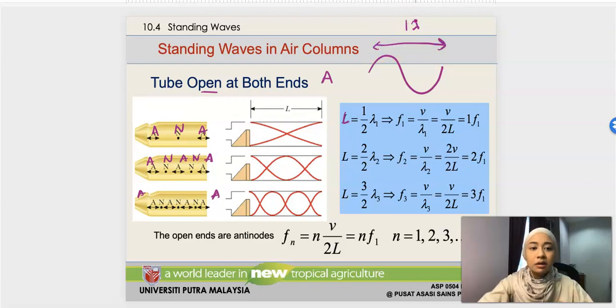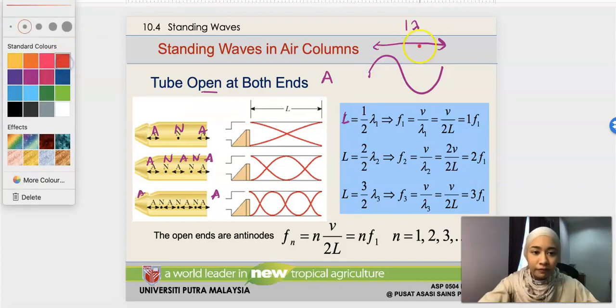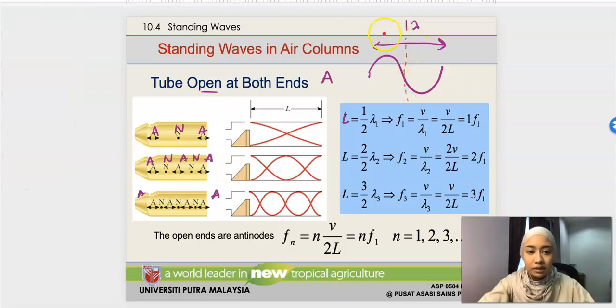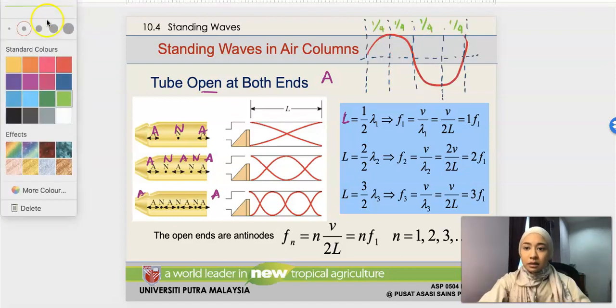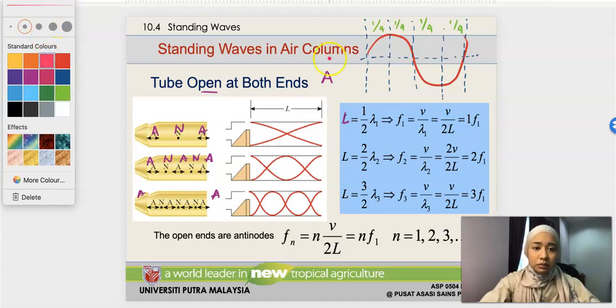We already talked about this. For 1 lambda, it should look like this, which means that half a lambda will have this guy, 1 over 2, and half of this will be 1 over 4. So this is 1 over 4, this is 1 over 4, this is 1 over 4, and this is 1 over 4. I've redrawn the wavelength to be nicer. So this is one wavelength, right?